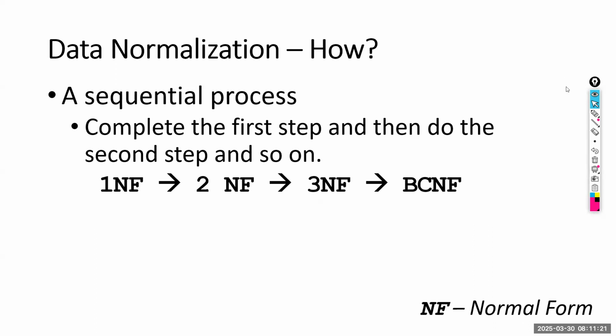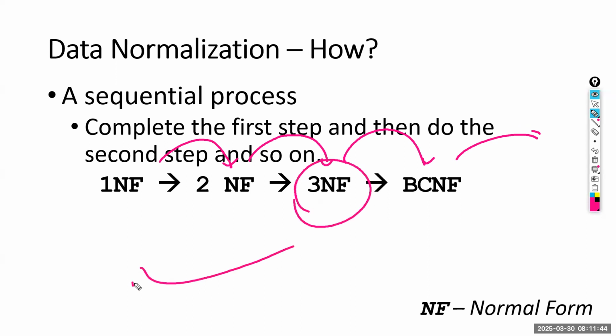That means we check whether it's in first normal form, and if not, fix it. Then you look at whether it's in second normal form, if not, fix it. Then third normal form, then Boyce-Codd normal form, and so on. So you need to do it sequentially. You can't just randomly take third normal form and check whether it is in third normal form. No. Before that, you need to check first and second. It's a sequential process. Okay.